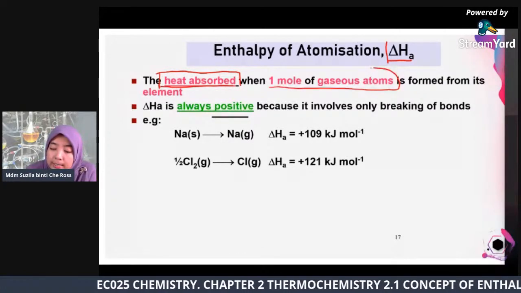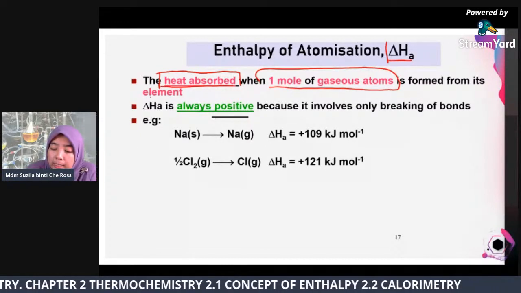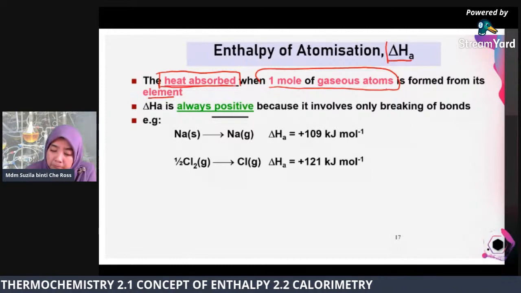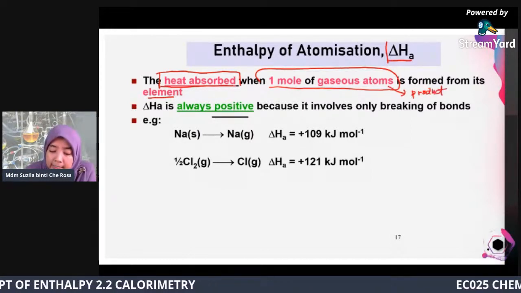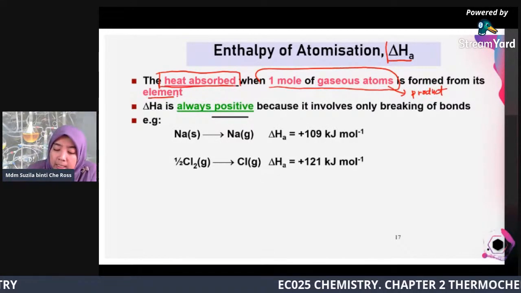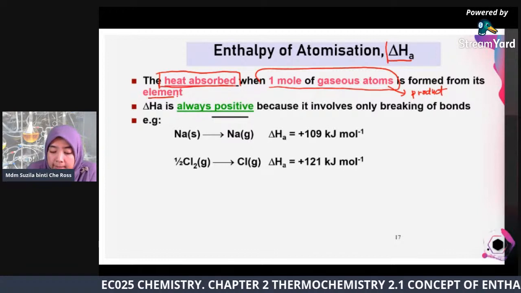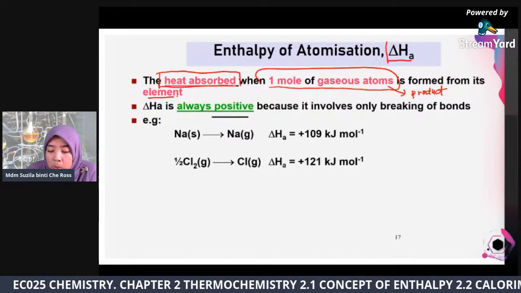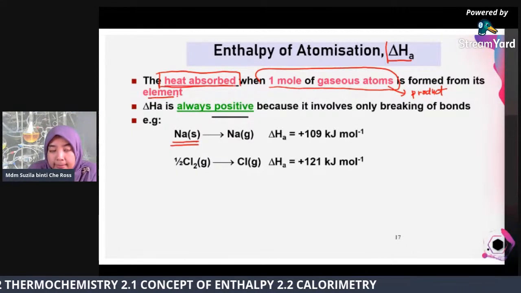So 1 mole gaseous atom formed means on the product side, your product will be 1 mole. From its element, it is somewhat like formation earlier. Stable state element. For example, sodium. Sodium's stable state is solid, and when sodium undergoes atomization, sodium will convert to gas.